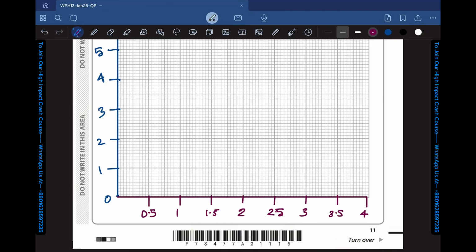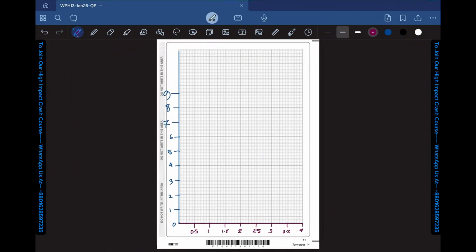Actually it was not correct. So this one is 4. So this is basically how we can take it down.